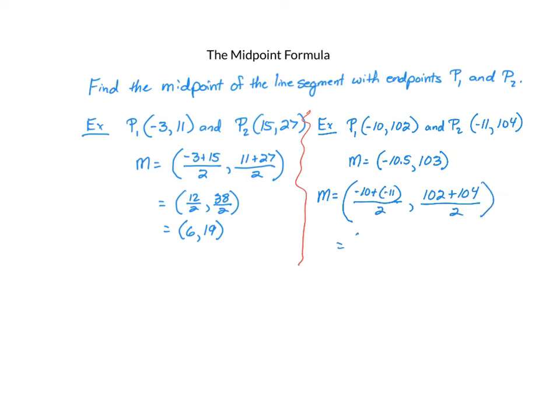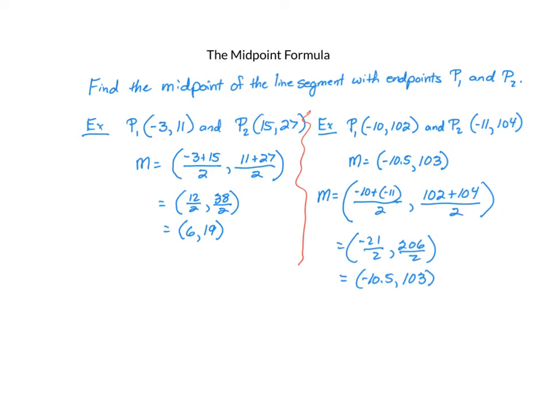So we would get negative 21 halves and 206 halves. And we could replace that negative 21 halves with the decimal negative 10.5 if we like. And 206 over 2 is 103. So notice that's just what we would expect. But this was a simpler problem.